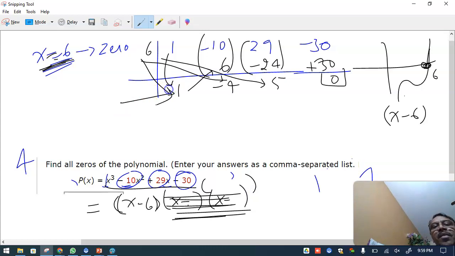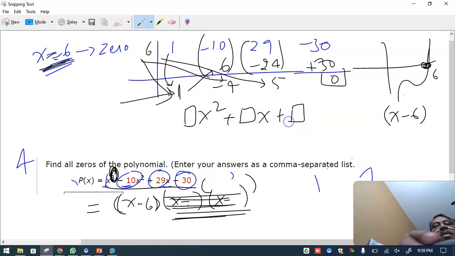So you're going to use the numbers in the lower row to find out what the quadratic is. This was degree 3, so the next one will be degree 2. We plug in those numbers: 1, minus 4 goes right here, and then this is plus 5. So the quadratic is x squared minus 4x plus 5.